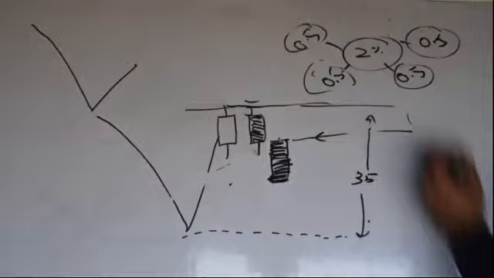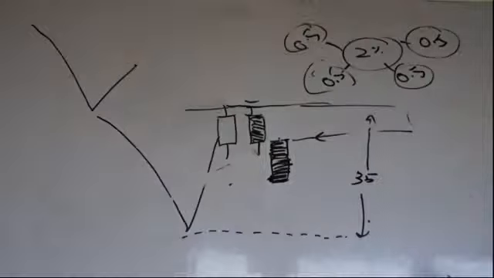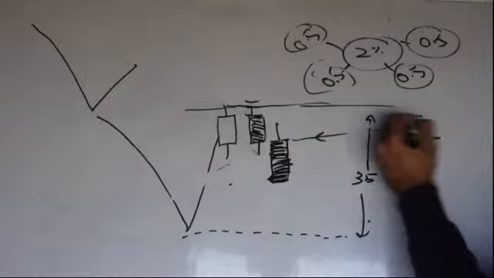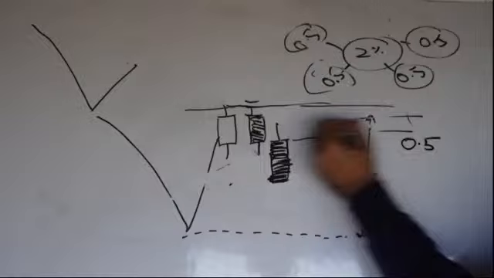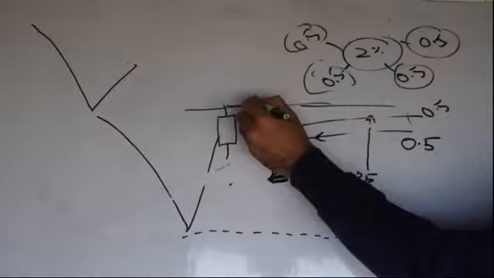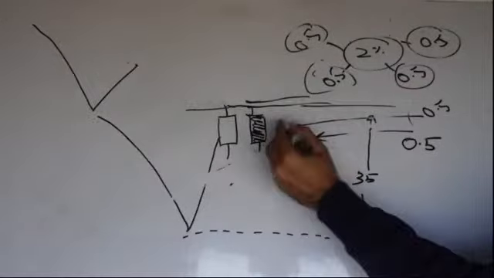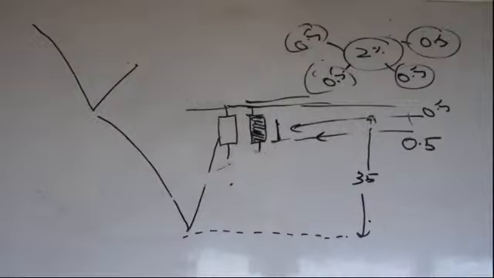So you can basically do the same thing. You can enter the first one right here, 0.5 lot, price retraces, there goes the second one, 0.5 lot, and your stops are right up over here above the previous candle. If the candle retraces further, you're going to lose 1%. You're not losing much, you're just getting better prices.